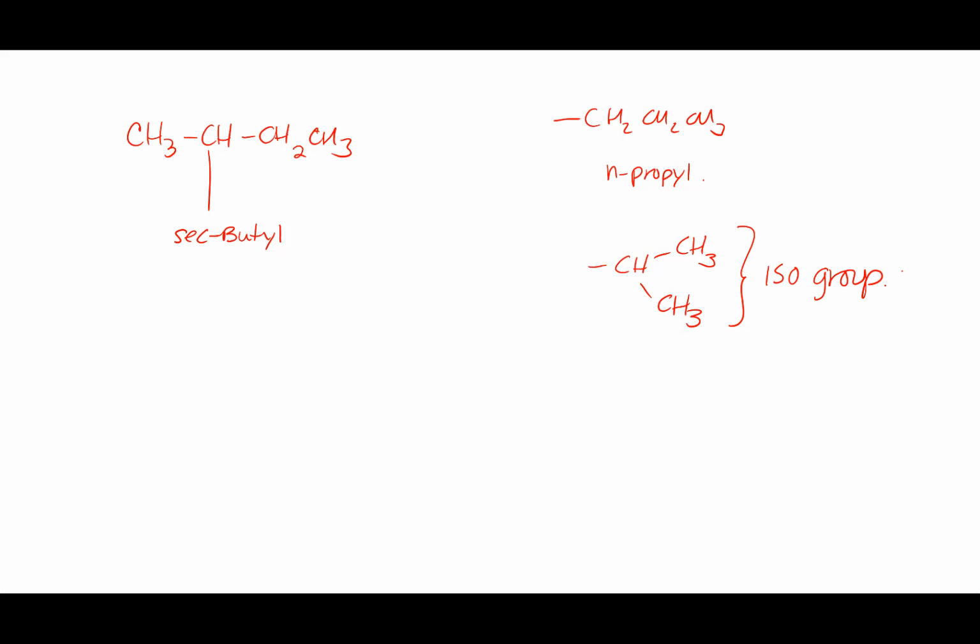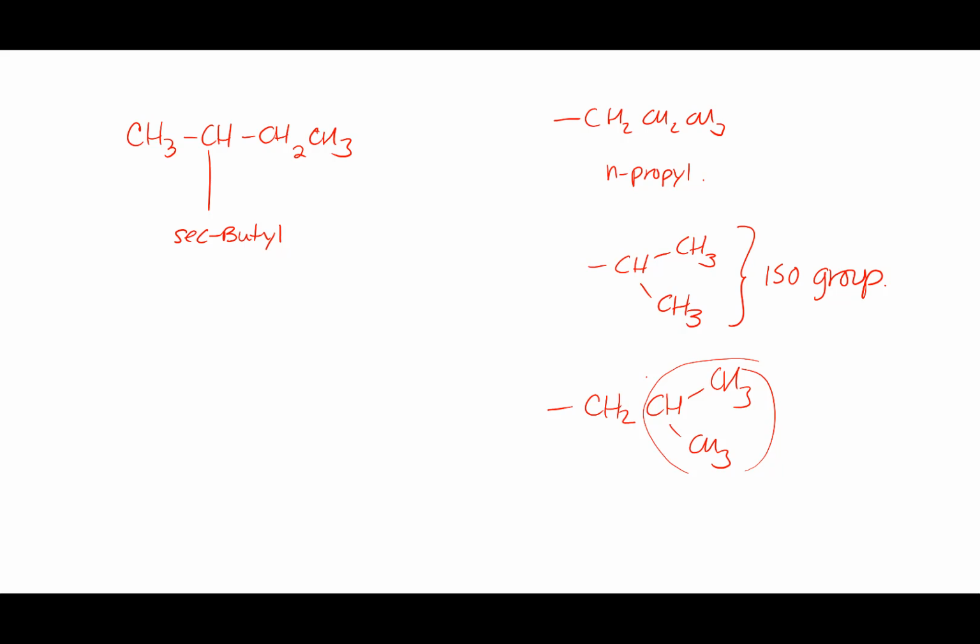Now again, this is a common name. So anytime you have a common-named group with an iso group, it's going to be iso whatever the total number of carbons is. For instance, if I add a carbon to this and say, here's my CH2, CH, CH3, CH3, that has the iso group in it.